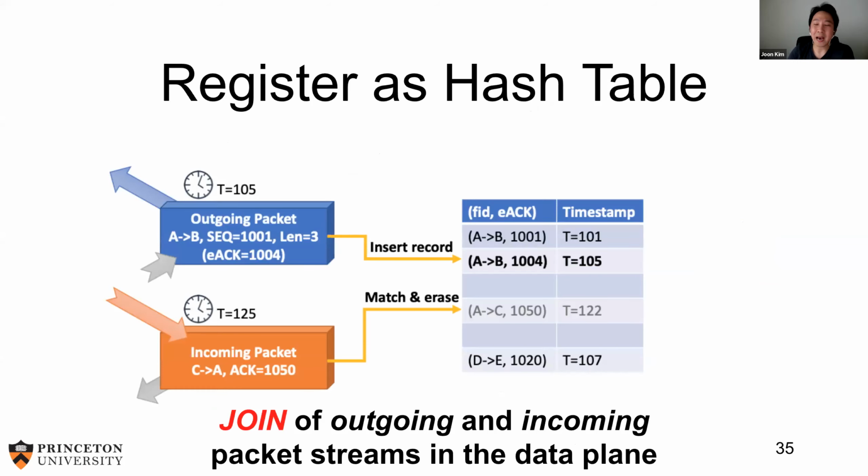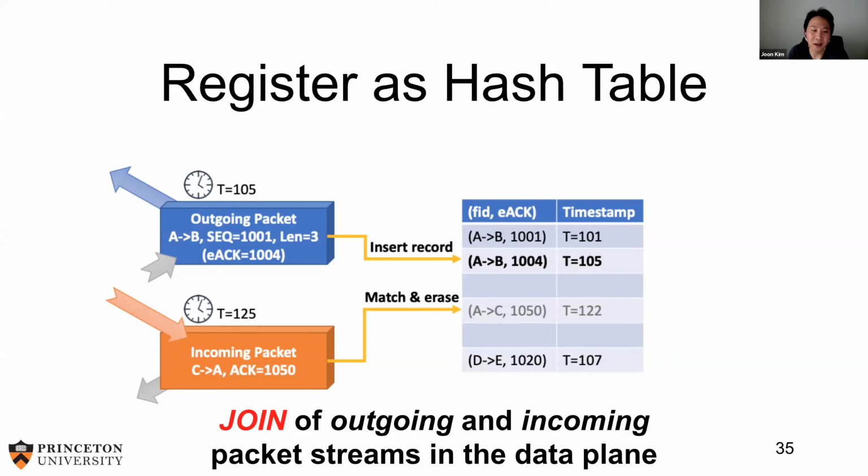In detail, here is what's happening in the data plane. We use the P4 registers as a hash table. Let's say we are looking at outgoing traffic with a sequence number 1001 with length 3. That means the expected ACK is going to be 1004. When we see that, we insert that entry in the register, which is like a hash table.